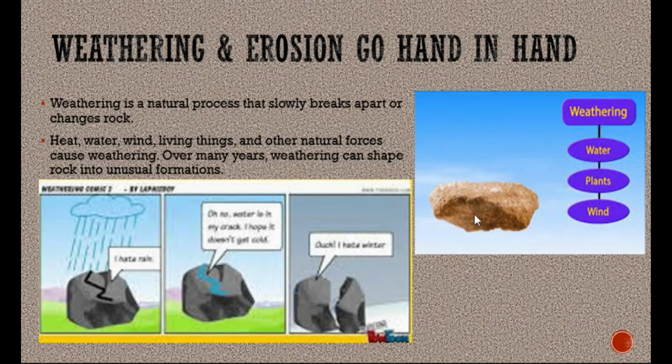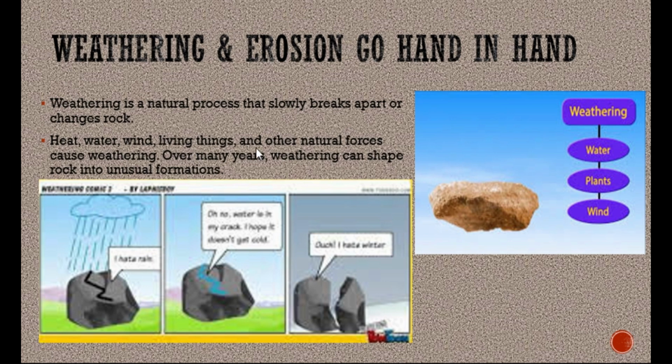When a huge piece of rock, called the parent material, breaks down into smaller pieces because of the forces of nature, such as water, plant roots, or wind, it is called weathering. So weathering is a natural process that slowly breaks apart and changes a rock into smaller and smaller pieces.